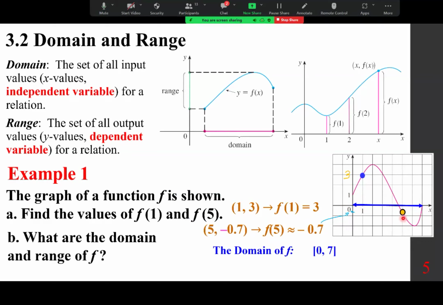If you were to lay it down along the y-axis, as you can see, the bottom is here, the top is here, so it will cover somewhere from here, negative 2, to here, positive 4. So we say the range is y such that y is between negative 2 and 4, or just the interval notation from negative 2 to 4.